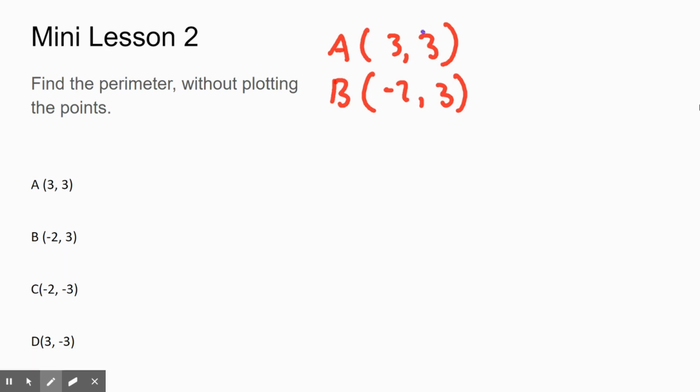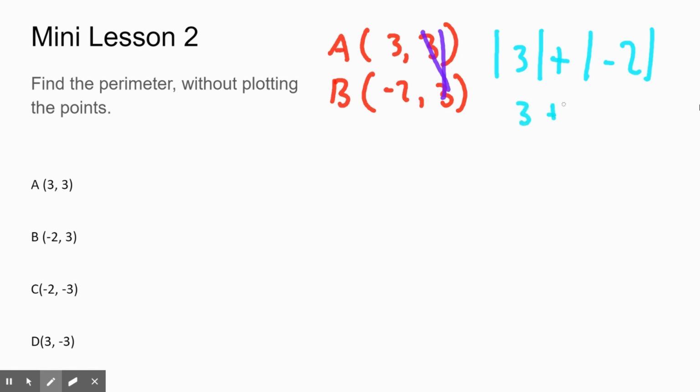In this example, the y's are the same, so we're going to ignore them. Since the x values are different, one's positive and one's negative, we're going to add them. And then we're just going to take the absolute value of the 2 values that we didn't cross off.